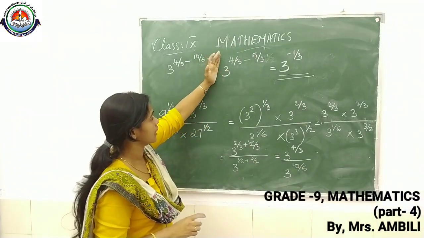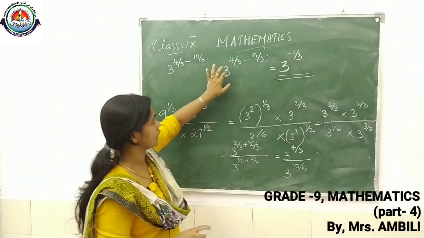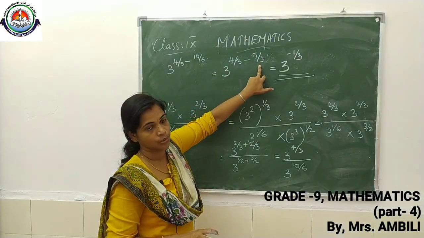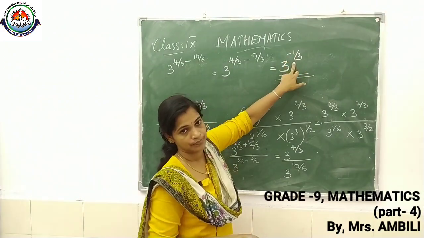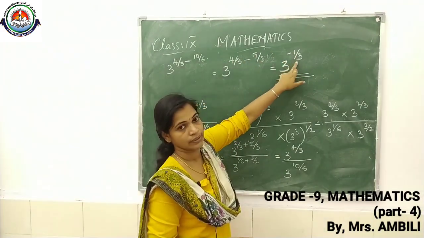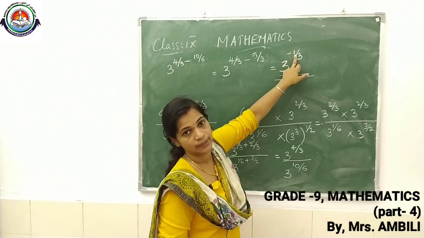Okay. So, 3 raised to 4 by 3 minus 5 by 3 equal to minus 1 by 3. Okay. So, here 4, here minus 5. So, minus 1 by 3. So, our answer is 3 raised to minus 1 by 3.